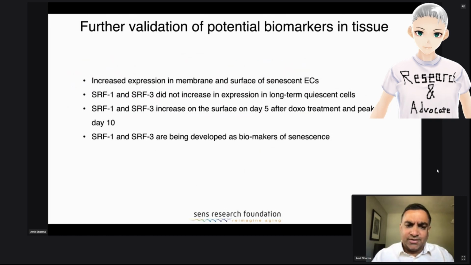We've done more work with this, and we've confirmed the expression increases over a period of time. For instance, SRF1 and SRF3 are elevated at day 5 after doxorubicin treatment, plateau after day 10, and remain high on the surface of the cell. We are currently testing these proteins in tissue sections to confirm that these can be used in vivo as a biomarker as well. But we found something very interesting when we were looking at these proteins, and I'll get to that in a second as well.